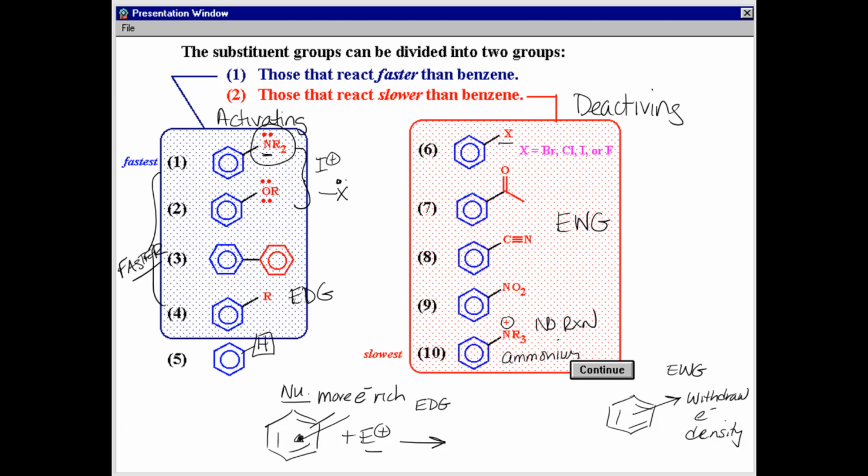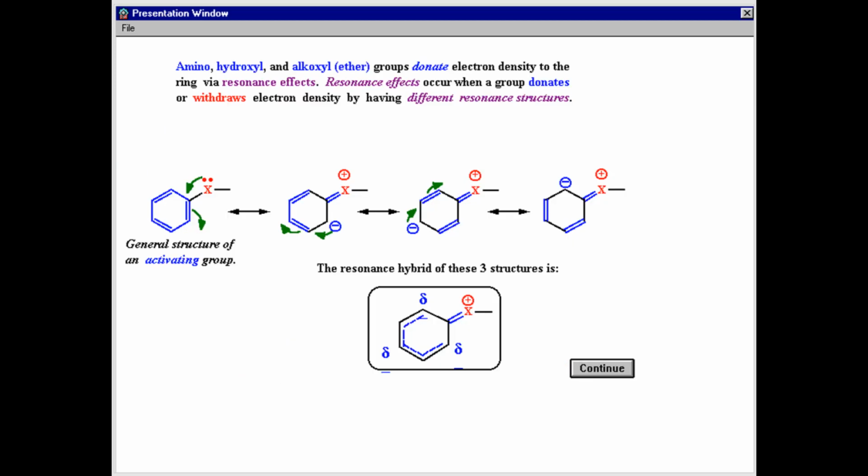Those are atoms that have lone pairs on them. So let's start by saying, what happens when I attach an atom with a lone pair? Now you might say, but I'm adding a nitrogen, right? Isn't the nitrogen going to be slightly negative? And wouldn't that pull electron density out of the ring? Yeah, by induction.